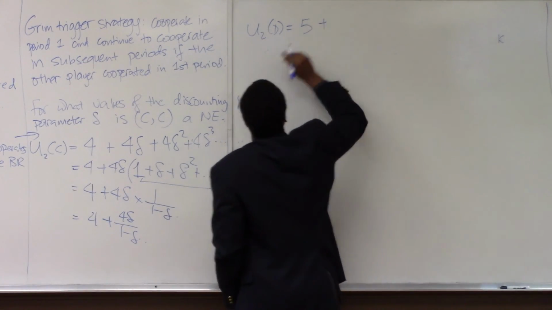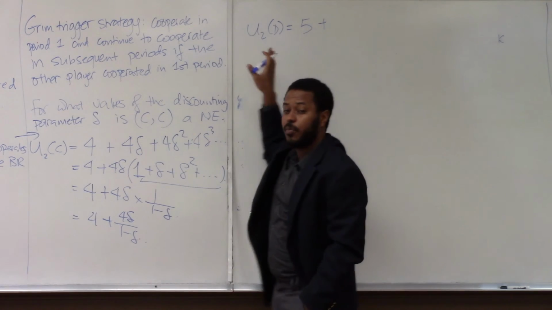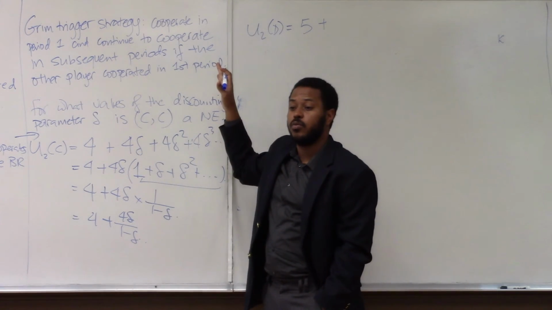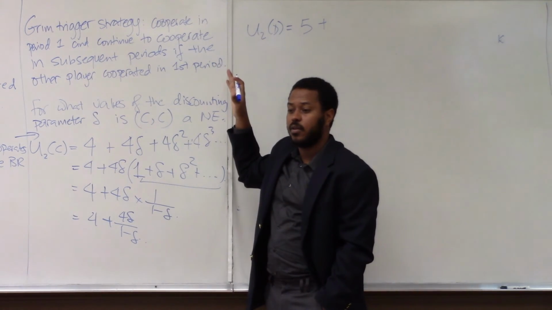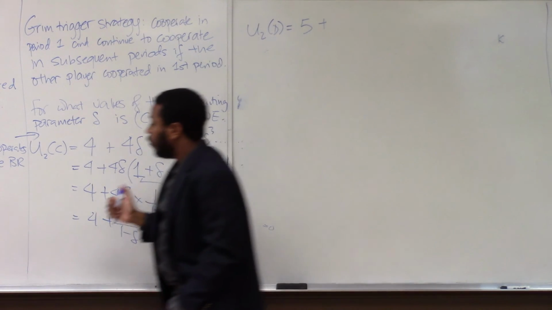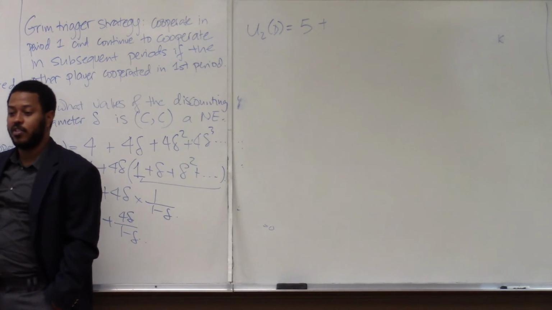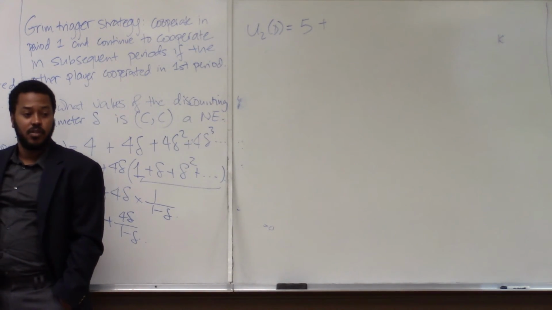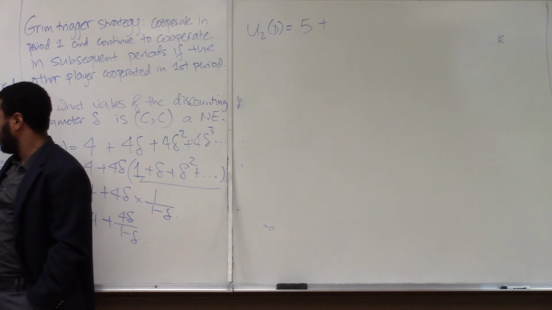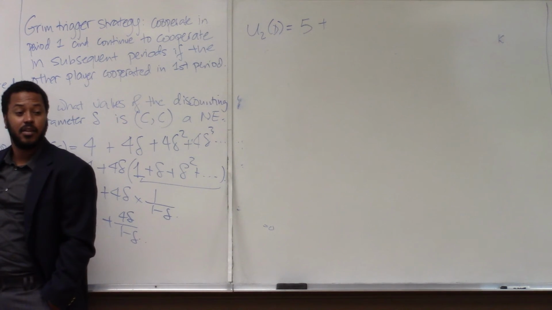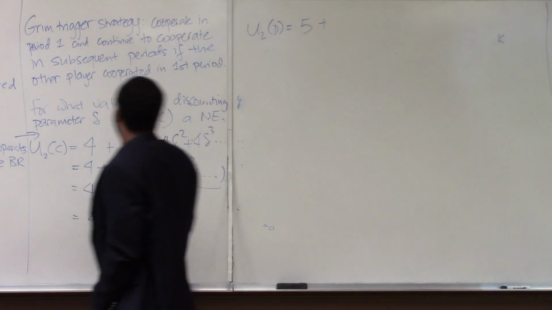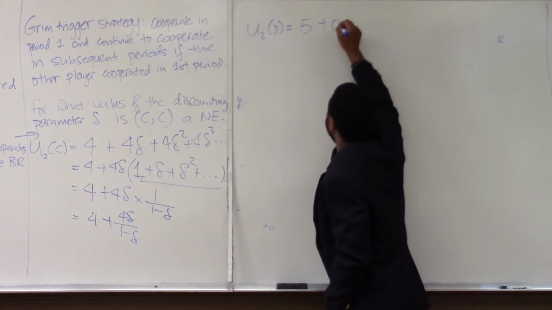But now, because player 2 has defected in period 1, what is player 1 going to do in the subsequent period? Player 1 is going to defect. And when player 1 defects, what's the best response of player 2? Defect. What is player 2 going to get in terms of utility? 0. And what is the 0 going to be multiplied by?